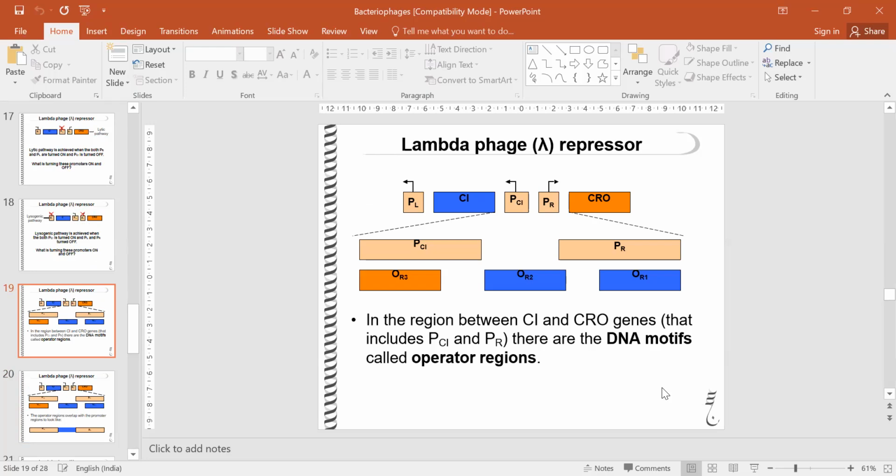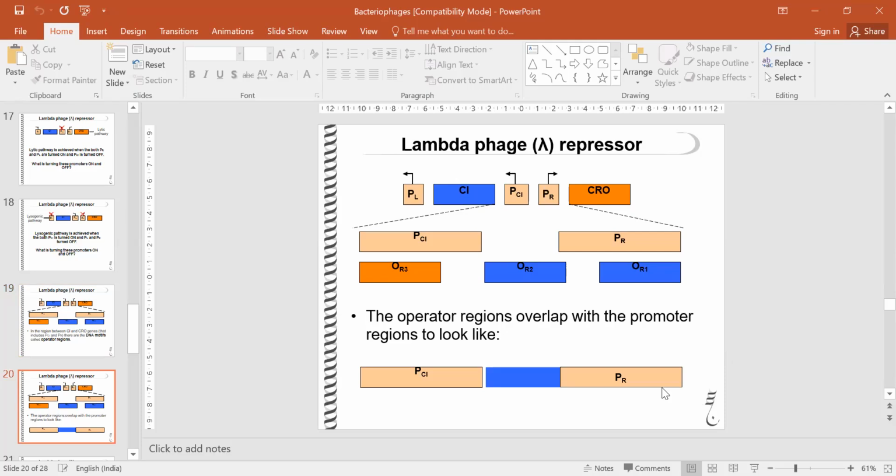Either they can activate the gene function or they can repress it. The operator region in the bacteriophage genome overlaps with the promoter region, so you can see they overlap in some part.